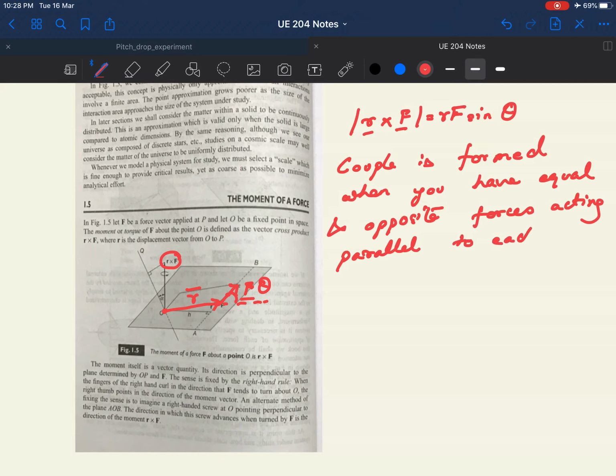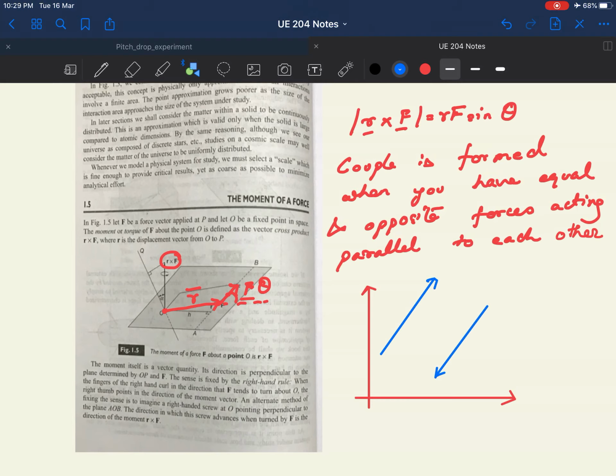So, for example, you have an axis, then you have a force, and then you have an equal and opposite force, such that there is a difference between the two lines of action, and let's say this distance is given as a.